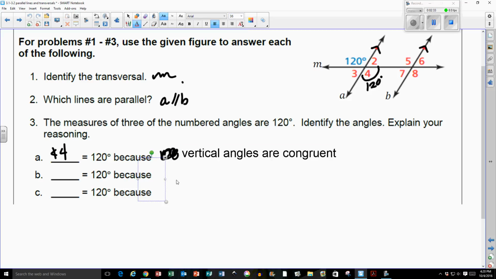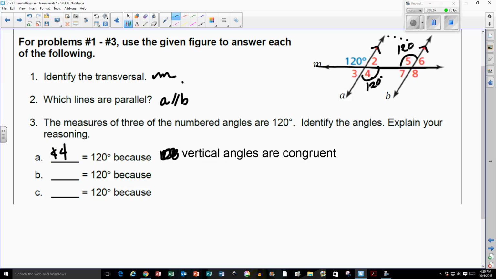Okay, what about another angle? What would be another angle that could be? So what do we know? What do you think? Well, I'm going to tell you that angle 5 is also 120 degrees because since this is your transversal, these two angles are alternating sides of the transversal.